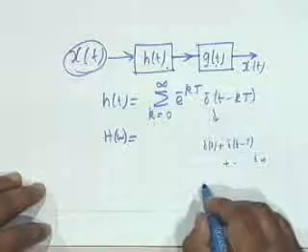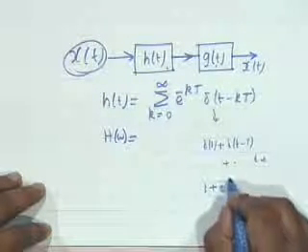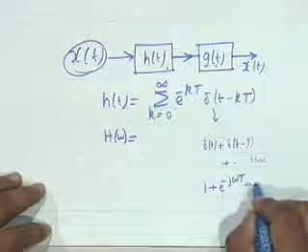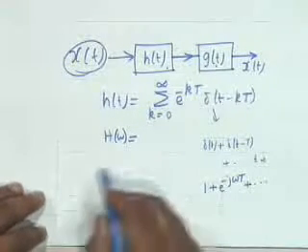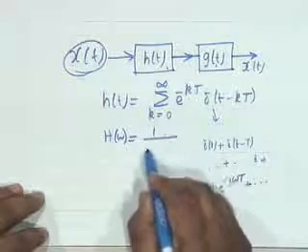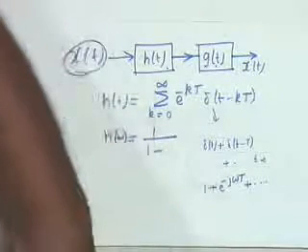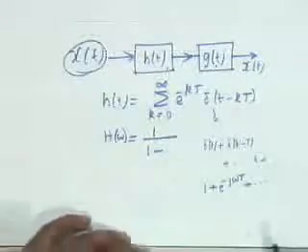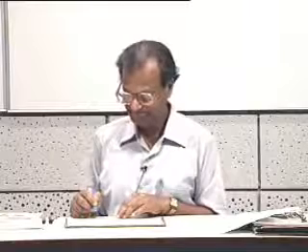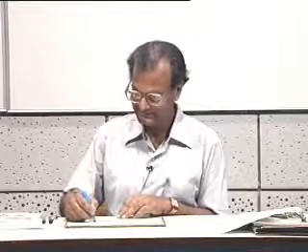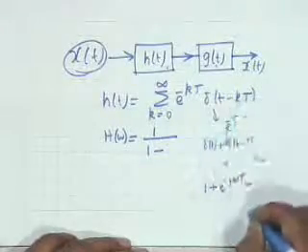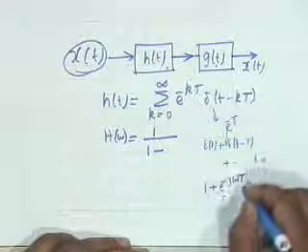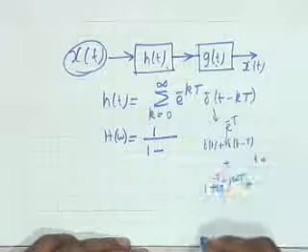So if you take H(ω), then you get 1 plus e^(−jωT) plus etc. to infinity. No, I made a mistake, e^(−T) should be introduced. So it would be e^(−T) and so on.